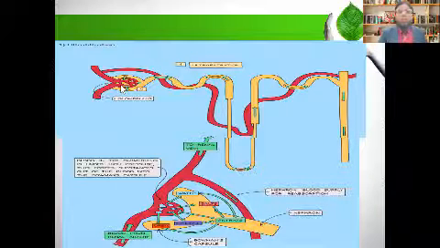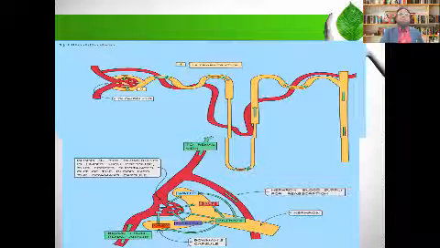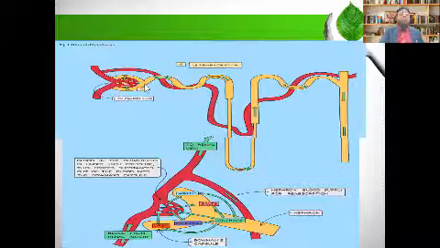So here you can see the different structures of the nephron. They are working very well: Bowman capsule, glomerulus, first tubule, and the loop of Henle or U-tube shape. And then convoluted tubules, and then the collecting duct.